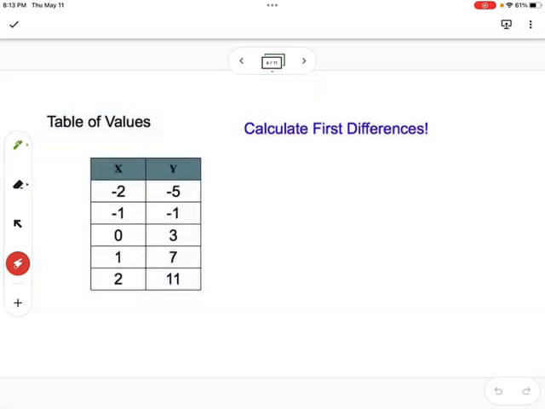We can also use a table of values to make an equation and to find our slope, or that rate of change. We want to pay attention to what our x goes up by and what our y goes up by.